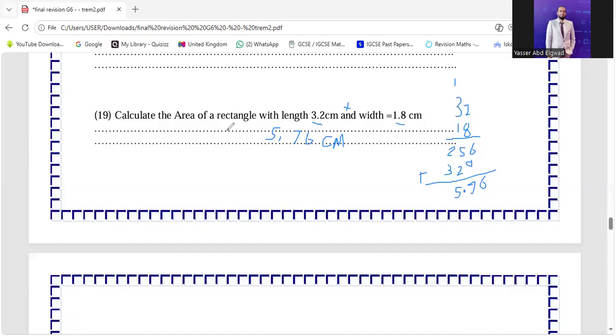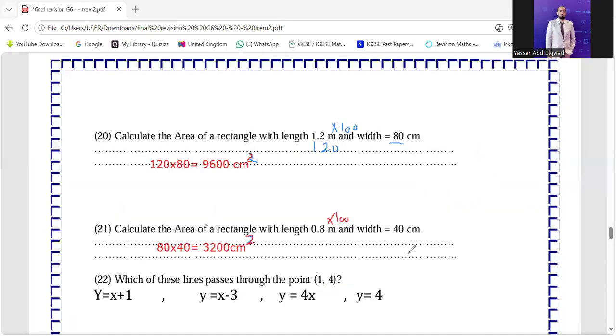The next one, we calculate the area of the triangle with the length 1.2 meter and width 8 centimeter. We have to change meter to centimeter, multiply by 100. We get 120. 120 multiplied by 80, put 0, and 8 multiplied by 12, we get 96.